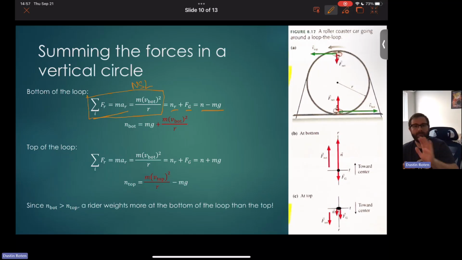It turns out at the bottom, we have the difference between the 2 forces, N minus mg. Now, I had to think a minute because I was getting ready to say the difference between the 2 forces, but if we solve for the normal force, okay?